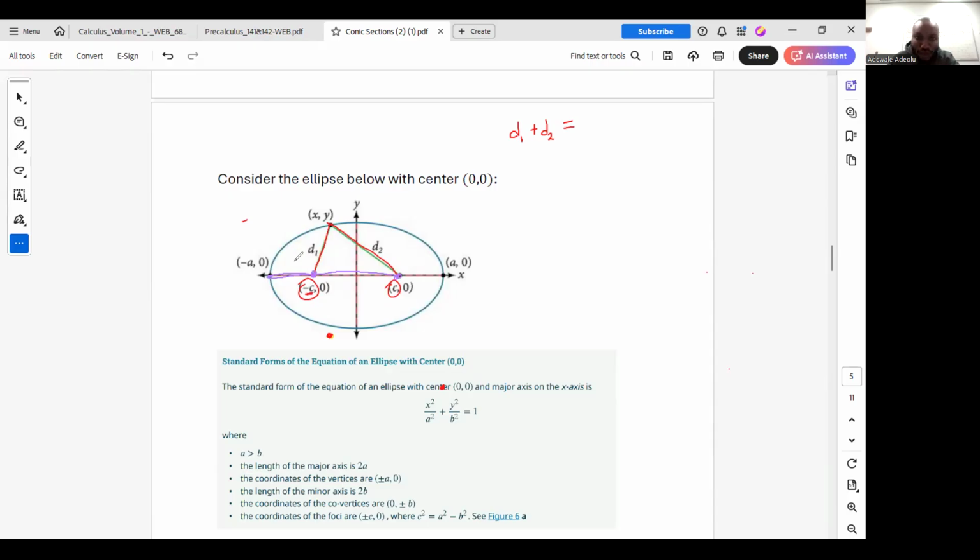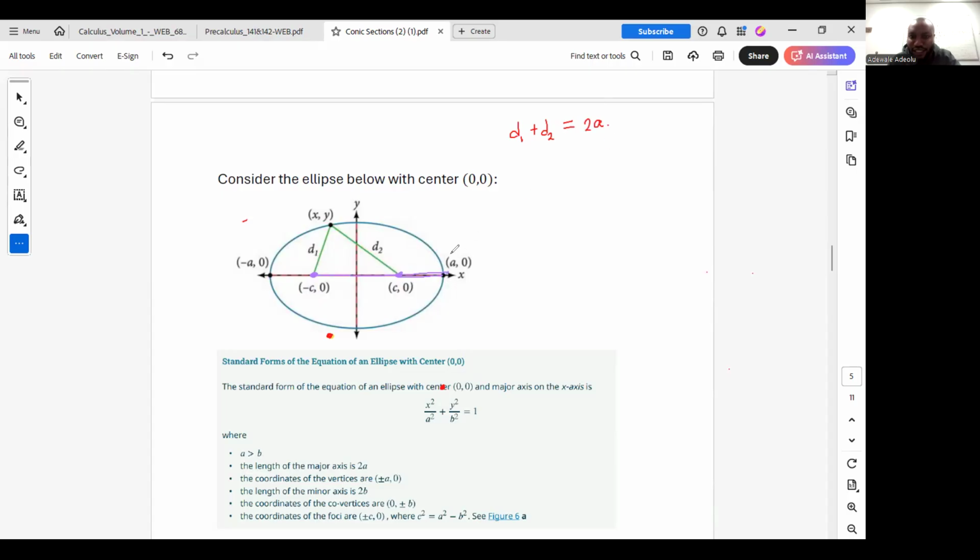It is a constant. So I'm picking this fixed point. It is two-way, from here to this point, then from this point all the way to this point. It's 2a. So my claim is that D1 plus D2 is 2a.